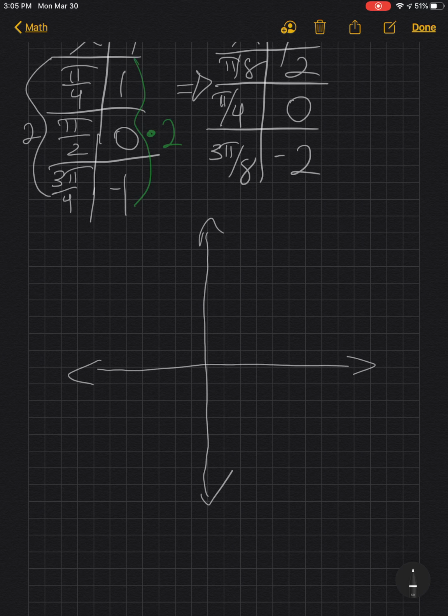Okay, so now we know our period is pi over 2, right? So let's just say here we have pi over 2, okay? So that means that we have a vertical asymptote at pi over 2. Now add another period to that. What do you get? You get pi.